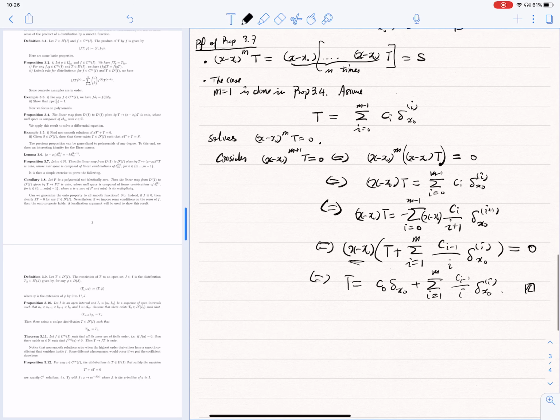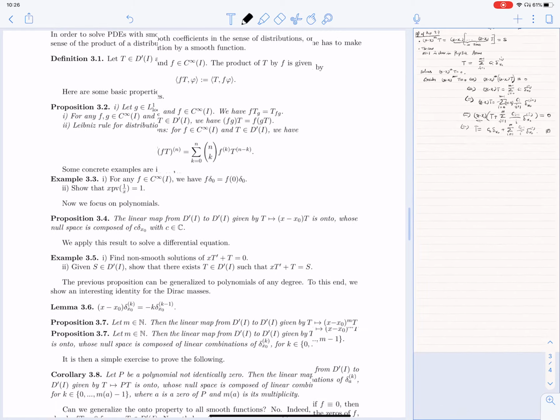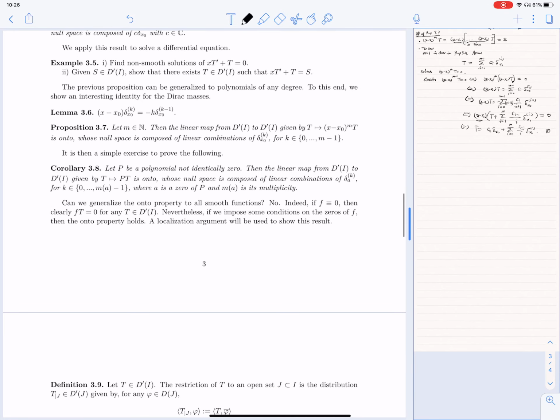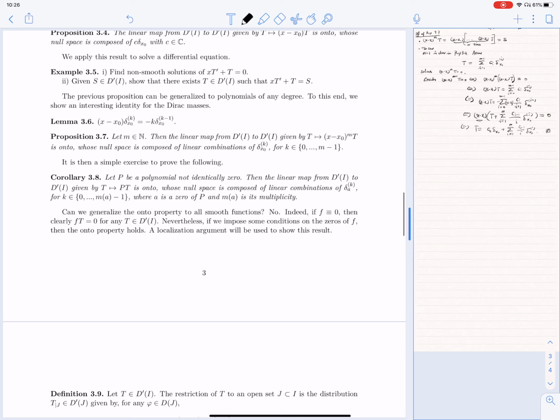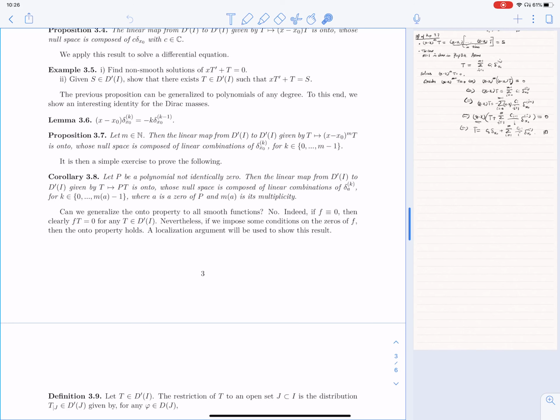Indeed, not only the formula, the proposition works for a first degree polynomial, it also works for polynomials of any degree. All right, so the next question would be, can we do more general functions? Can we generalize this onto property to all smooth functions?